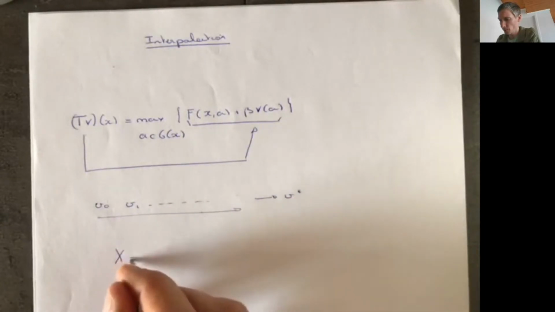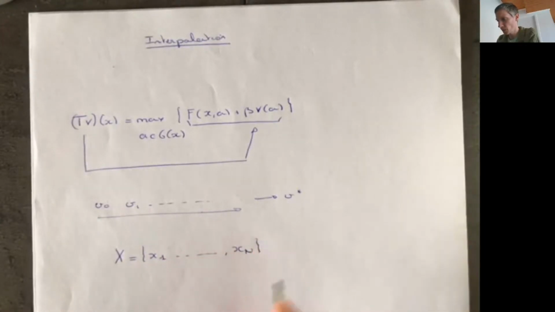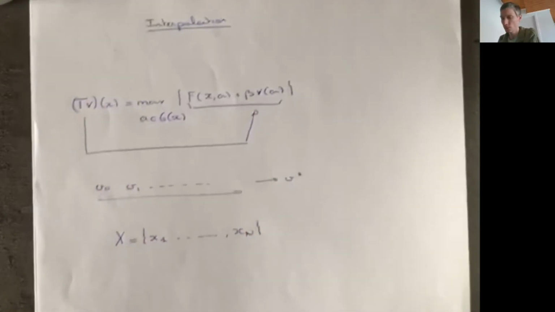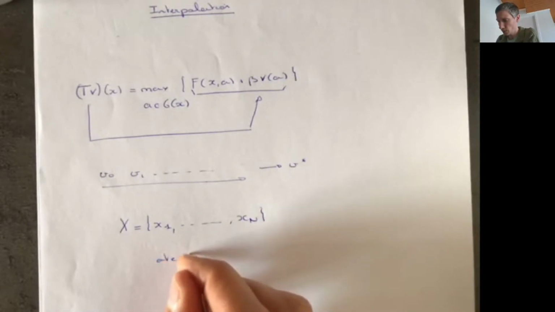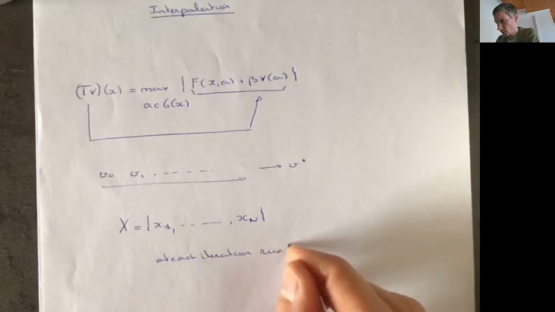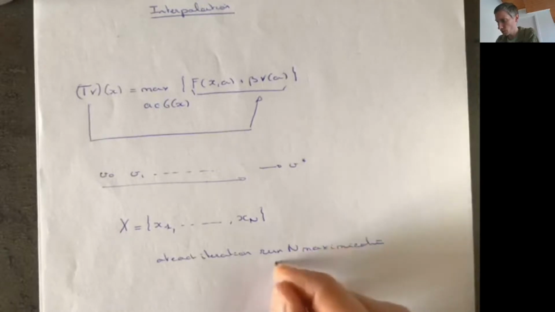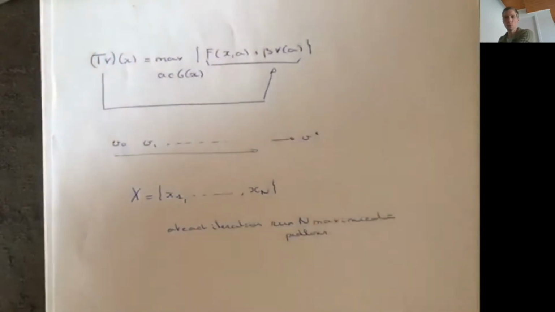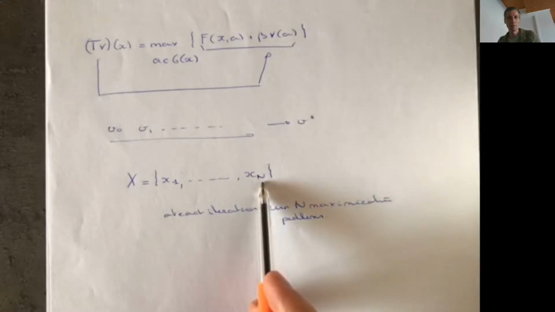Well, if our state space is given by the grid x1 until xn, then for every value of x, we have to run this maximization problem. So at each iteration, we run n maximization problems.